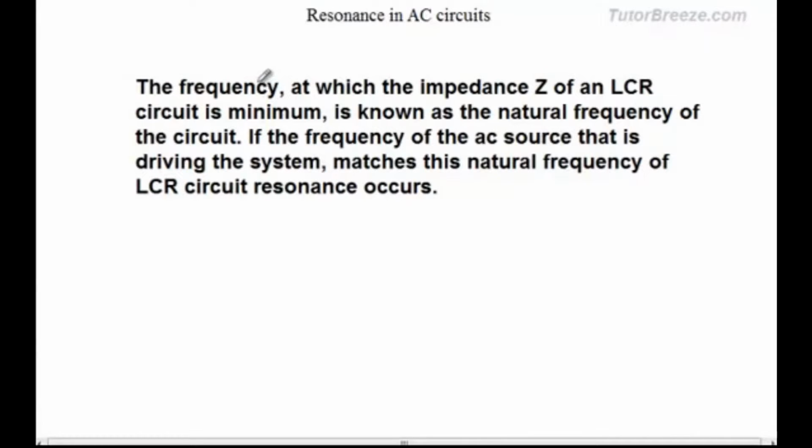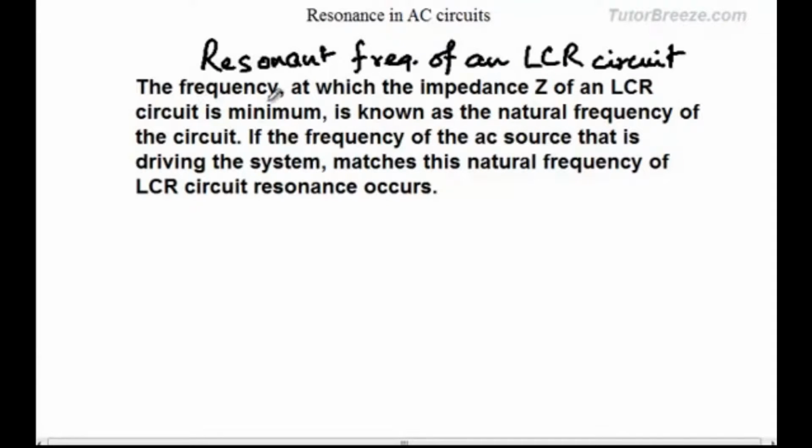Now if you are asked what is the resonant frequency of an LCR circuit, that is the frequency at which the impedance Z of an LCR circuit is minimum. The resonant frequency is also known as the natural frequency of the circuit. If the frequency of the AC source that is driving the system matches this natural frequency of the LCR circuit, resonance occurs.